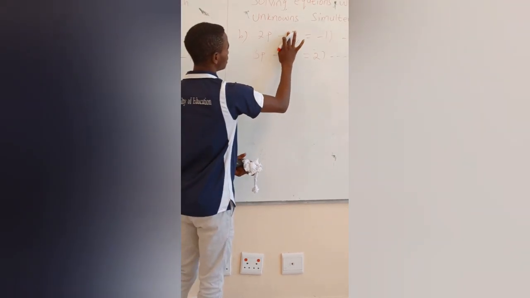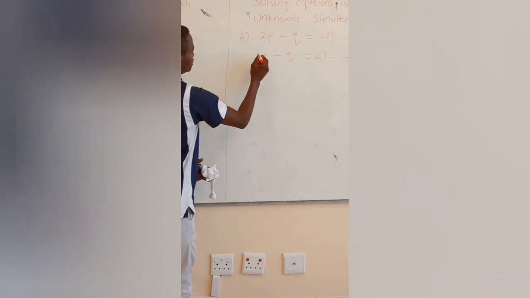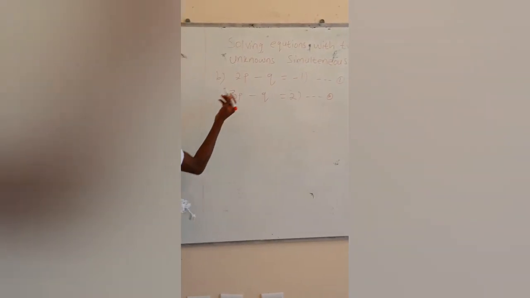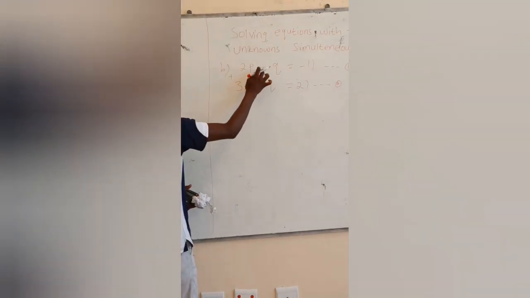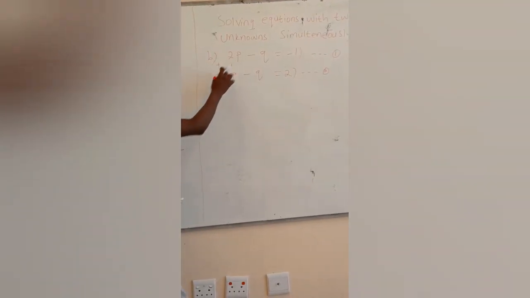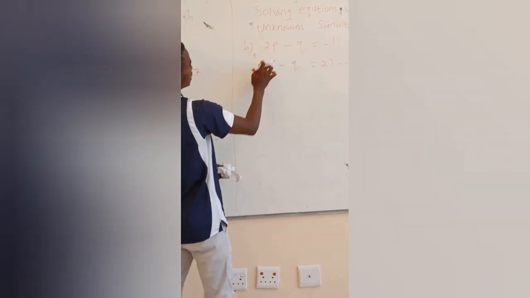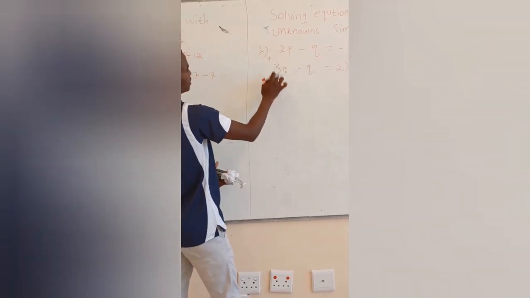So you don't need to make this other one the same, it is the same already. So here you just have to put positive since there is negative here. So 2 plus 3 you get 5.